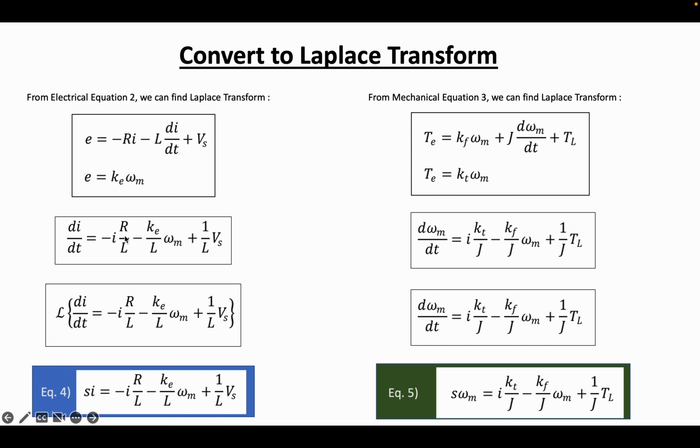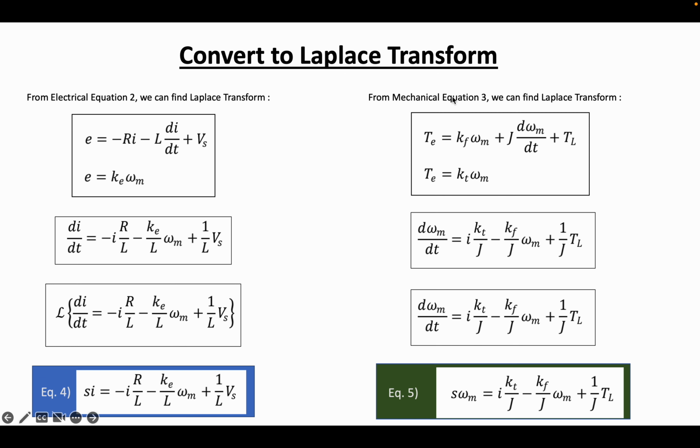From this equation, we transform to the Laplace transform, and we get equation 4: sI equals minus I R over L minus Ka over L omega m plus 1 over L Vs.